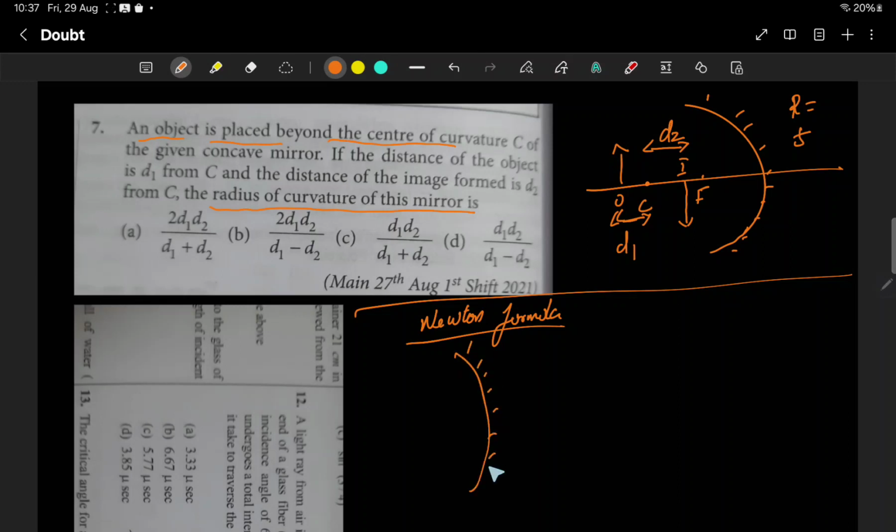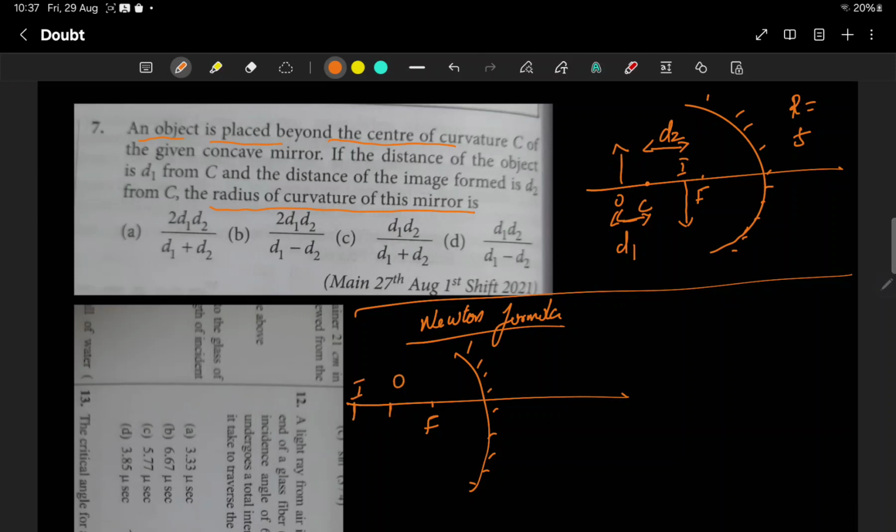So for this, let me find f, multiply by 2, and we will get the radius of curvature. First we can find f. For this we are going to use one formula, called the Newton formula. If you have a mirror, the same mirror, and here I have the focus, here I have the object, and your image is formed somewhere.